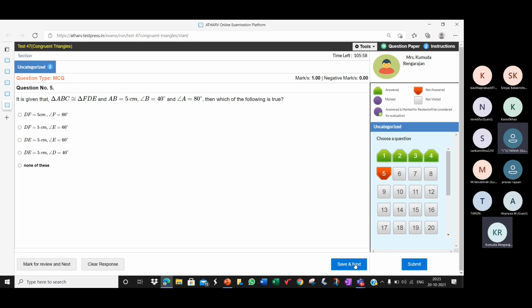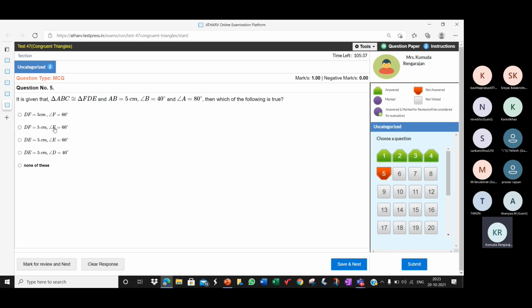AB corresponds to DF, ma'am. DF or FD. So these options cannot be true. DF is 5.